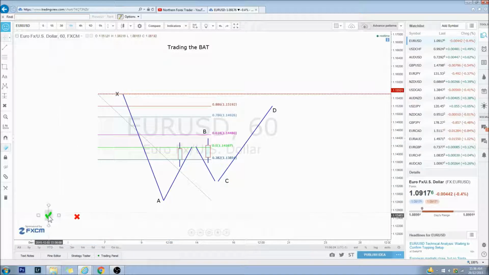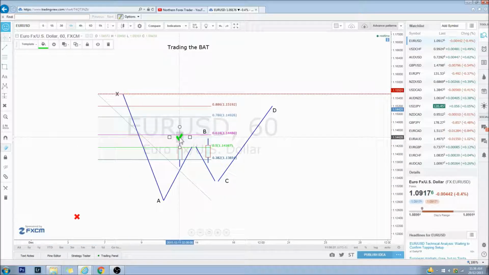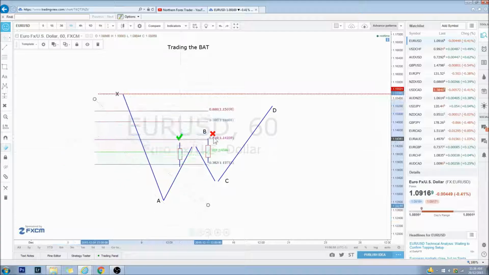So I drew in a candle here. This is the correct one, and this is not the correct one. If you see a close above the 50% line here, I would not take the trade. If you see the wick past the 50% line but close below, I will take the trade.